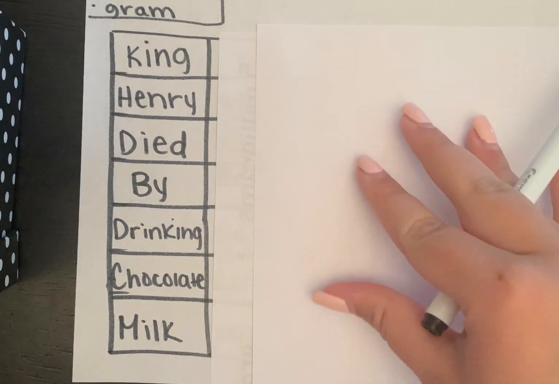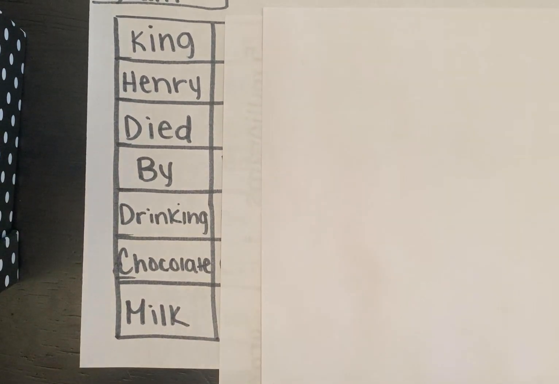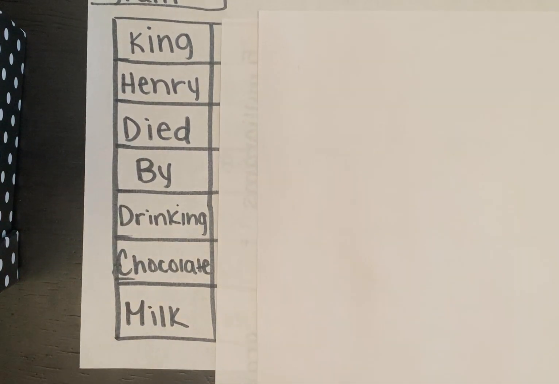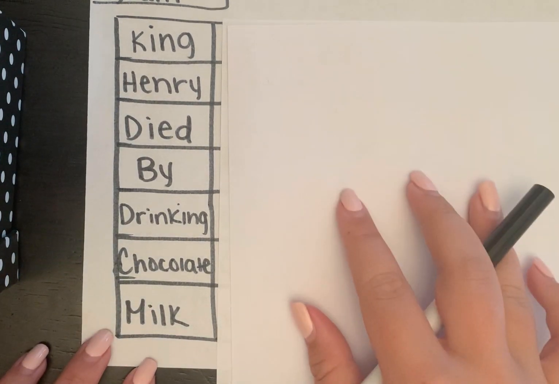Now it's a funny way to remember it, but I promise you, I have remembered it ever since I learned it when I was in elementary school. So it will stick with you, just like some of the other little phrases that we've talked about, okay? So King Henry died by drinking chocolate milk. Now, what do those mean? Well, that's the important part, what those little words stand for.